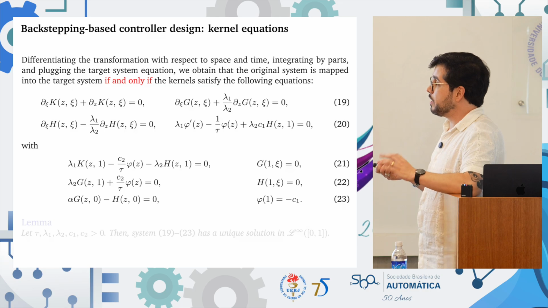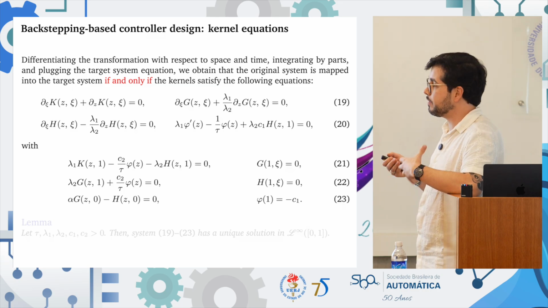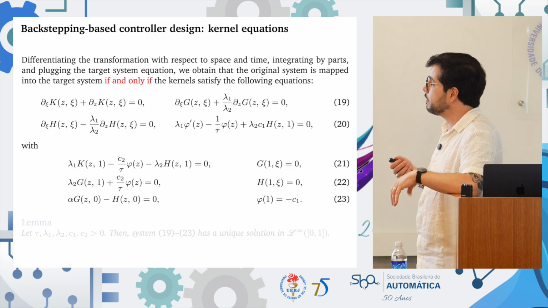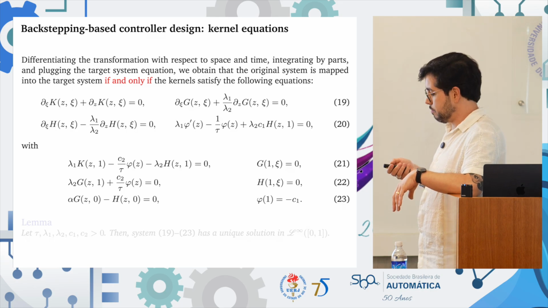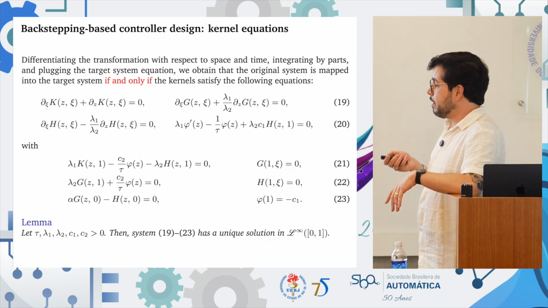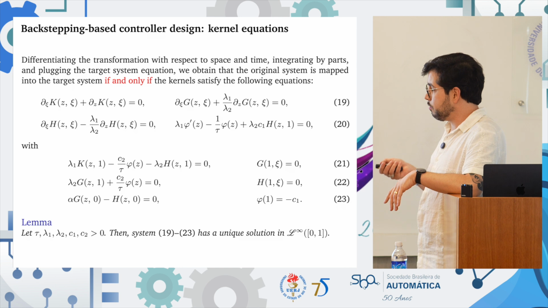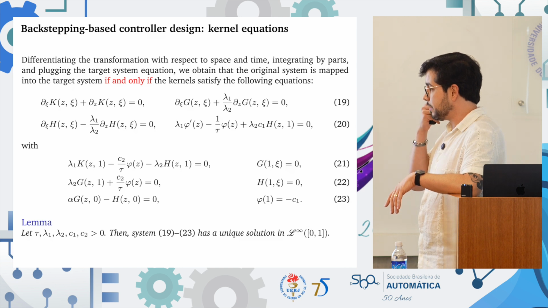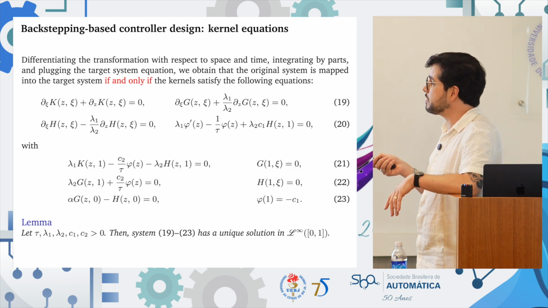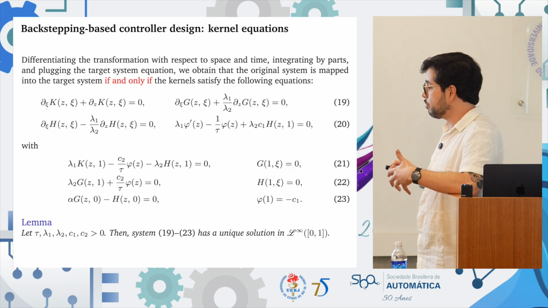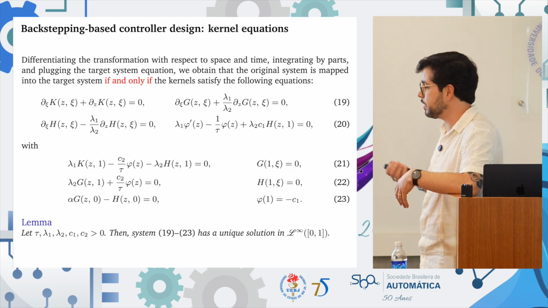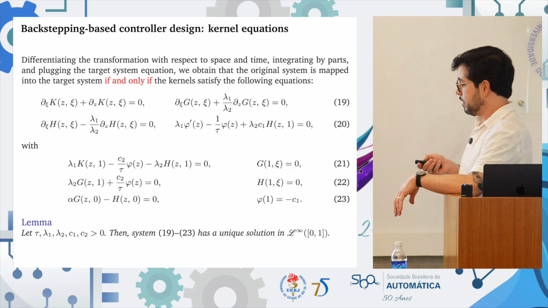If I am able to solve these equations, I can find a control law to solve the problem. Actually, we proved that these equations have a unique solution, which is bounded. They are not continuous, but they are bounded. There is no problem about that.